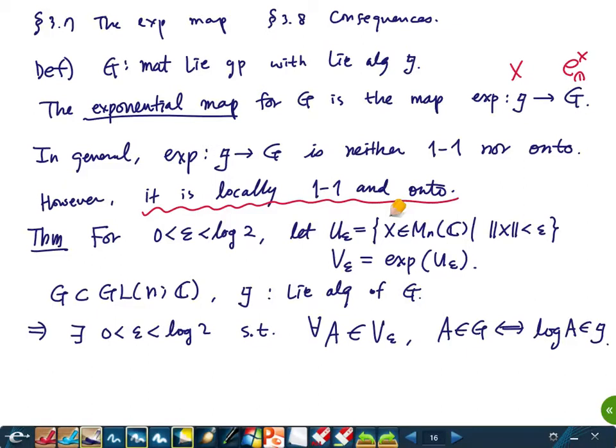I think I need to go to the next page, so we can always come back. So let's see why that theorem means it's locally one-to-one and onto. Since epsilon is smaller than log 2, we have a theorem that we stated earlier this semester.